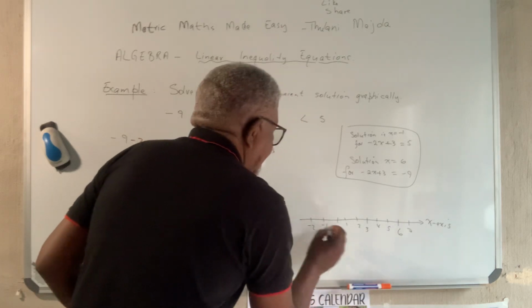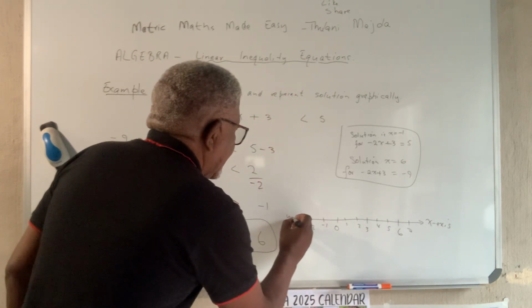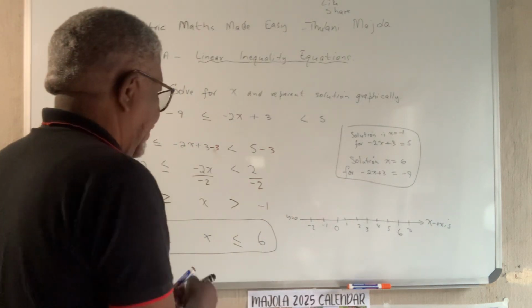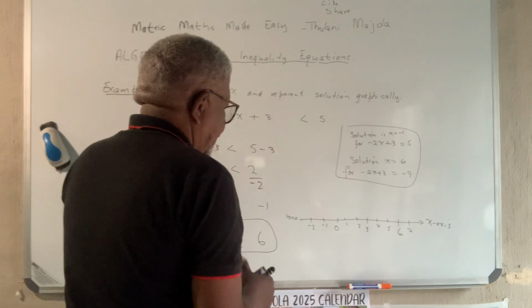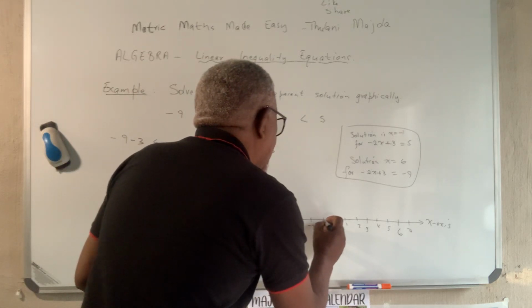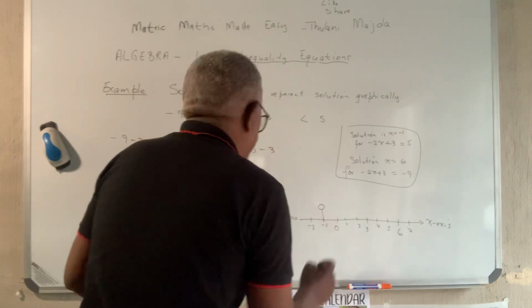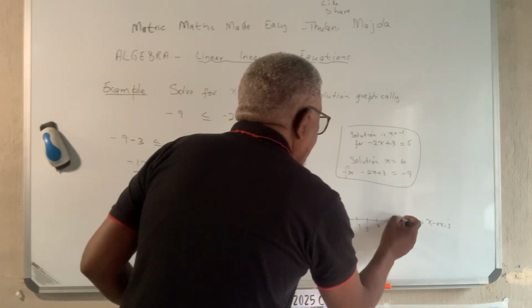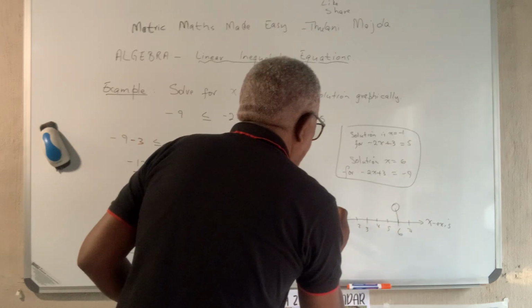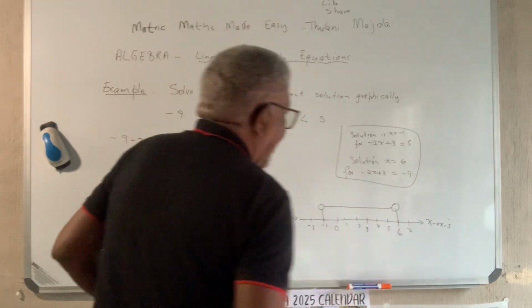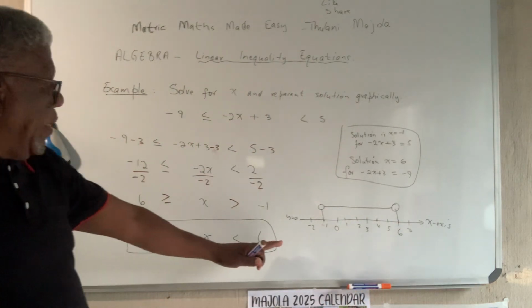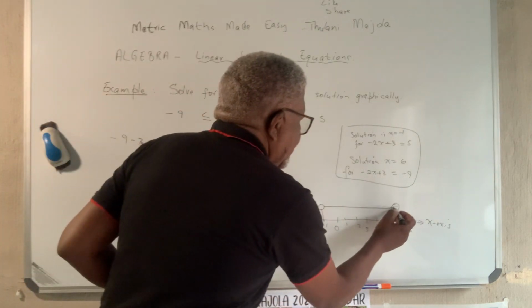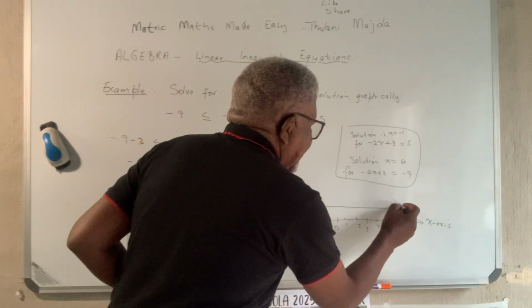This is your y equal to 0. There is your negative 1, and at 6 there is your 6. So we say x is between negative 1 and 6, but x is not equal to negative 1, while it is equal to 6. This is how you represent it on the number line.